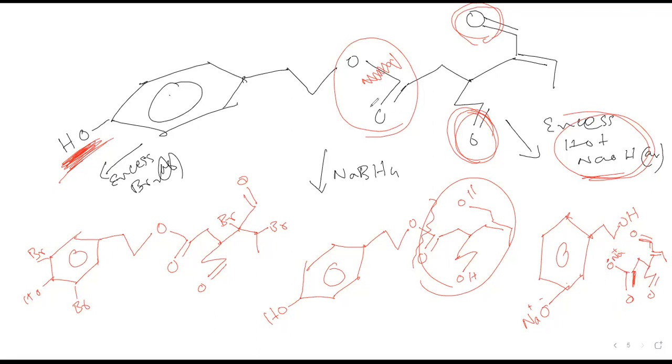Just try to observe it in another way. Let's say we draw it the other way, rearranging the situation. This is our oxygen group, this is our O minus and Na plus. And over here we have this portion, and from here we have a double bond towards this portion.